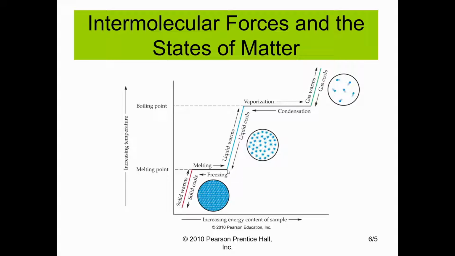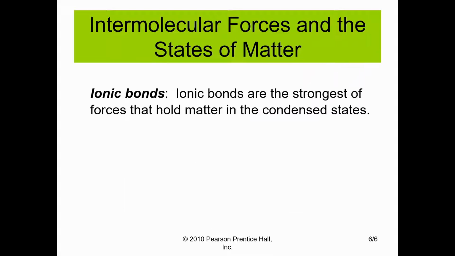Once they hit the fully melted portion, then the temperature will continue to increase as the liquid warms up, and eventually it will hit a new temperature, which is the boiling point. And at this point, the liquid will begin to vaporize into a gas.